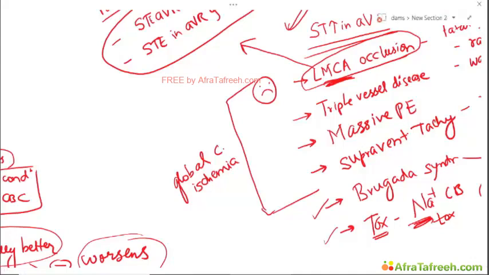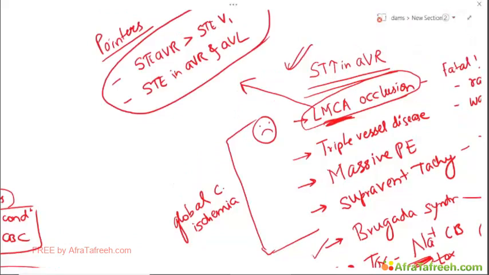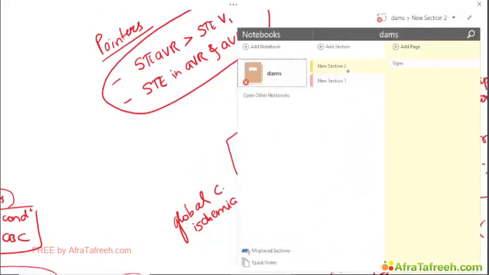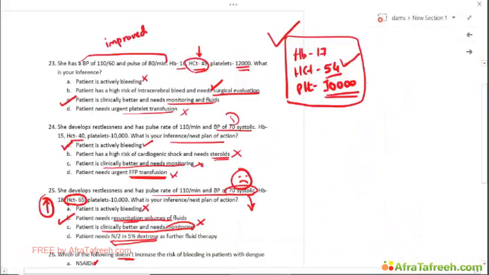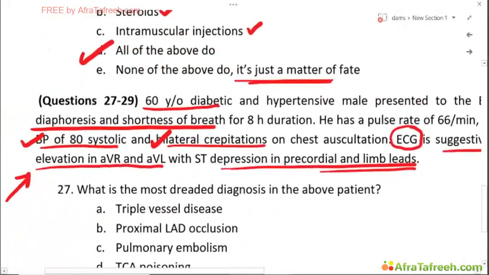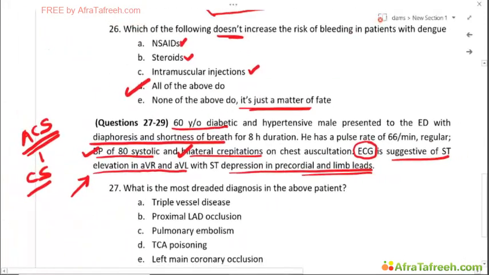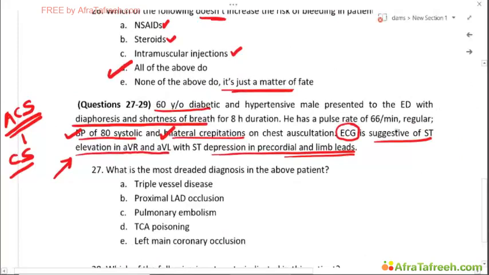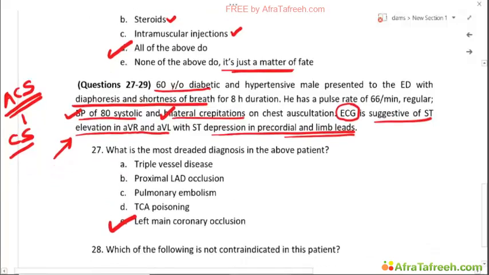Okay. Now let's come back to the question. So this patient has likely got an acute coronary syndrome with cardiogenic shock, and ECG has simultaneous ST elevation in AVR and AVL. So this is suggestive of left main coronary artery occlusion. Okay.